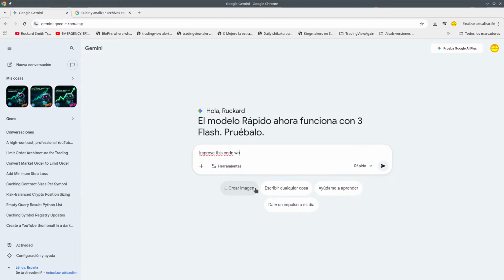Improve this code so that its variable names are output and also their values in a CLI oriented way. In a CLI.